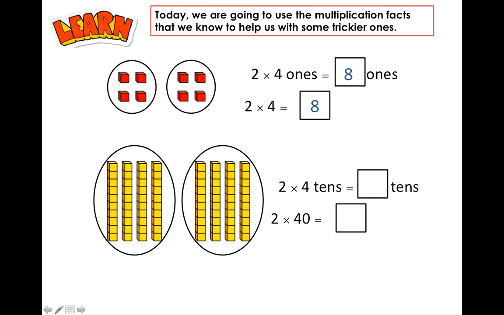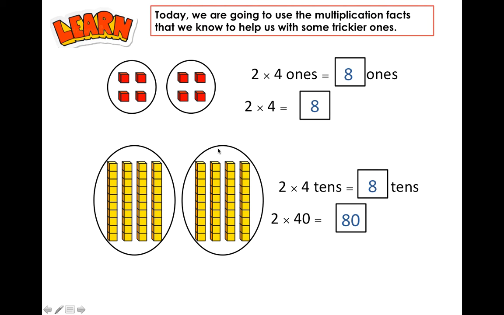Now I know that 40 is 10 times as big as 4. So if I know that 2 times 4 ones equals 8 ones, I also know that 2 times 4 tens equals 8 tens. So that means 2 times 40 equals 8 tens, which I know is 80.